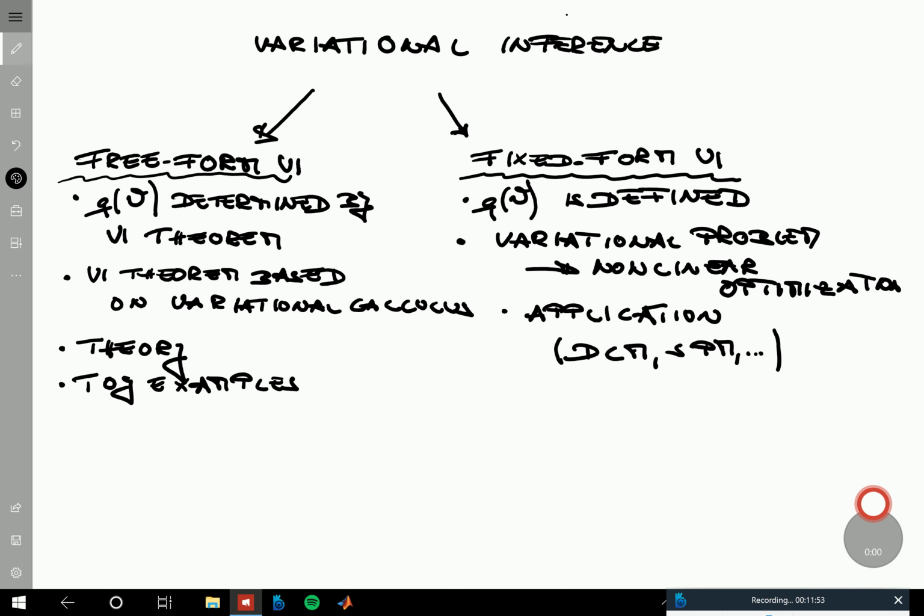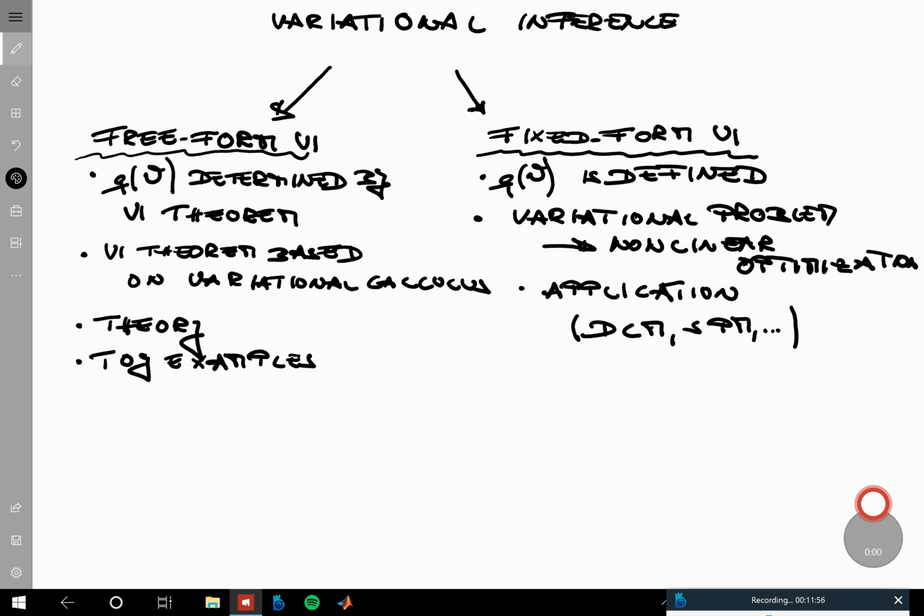My plan is to give you a taste of free-form variational inference, an overview of what's going on, so that you get a feeling, and if you're really interested, you can delve more into it.